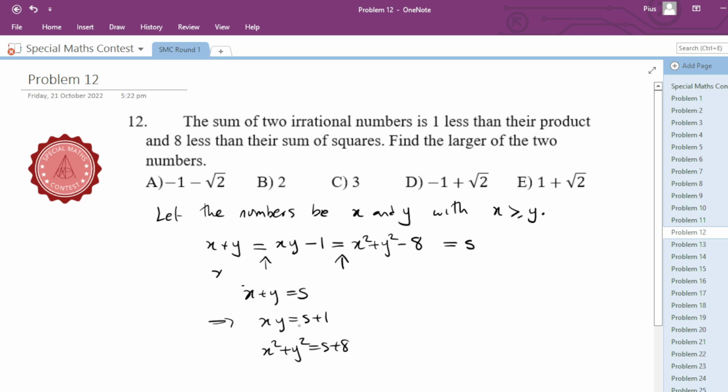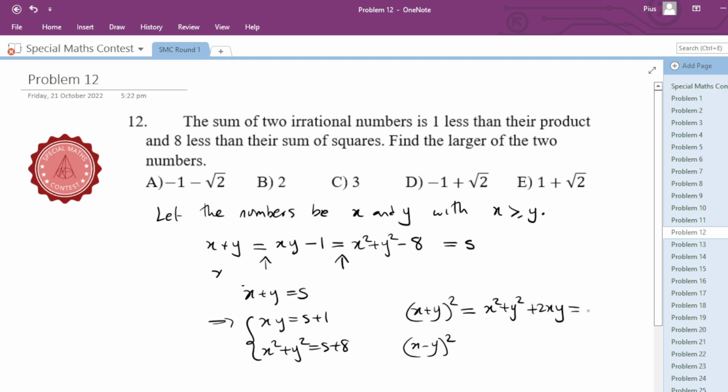Okay, so what we can do now is make use of these two equations to deduce x plus y all squared and also x minus y all squared. So for x plus y all squared, this is just x squared plus y squared plus 2xy.